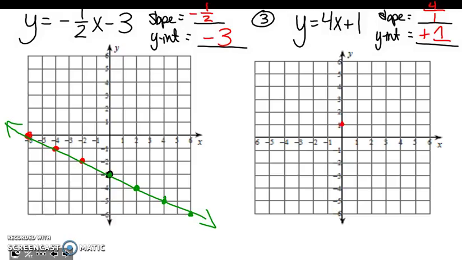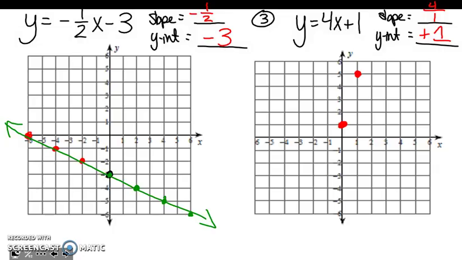So I'm going to go up to +1 on the y-axis for my y-intercept. And then my slope is positive, so I'm going to try and move up 4, 1, 2, 3, 4, and right 1. But then I need to reverse that, so I'm going to go back to my y-intercept, and I'm going to go down 4, 1, 2, 3, 4.